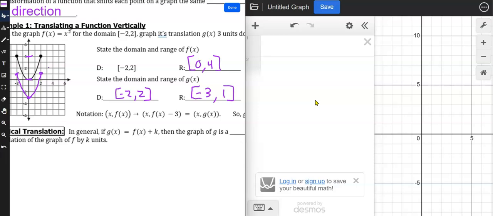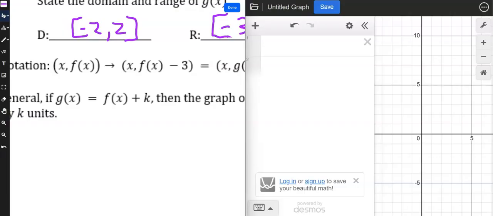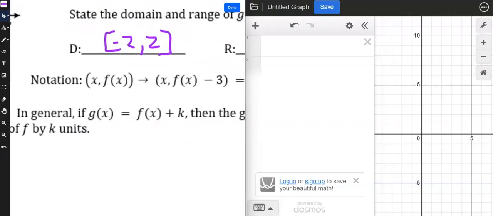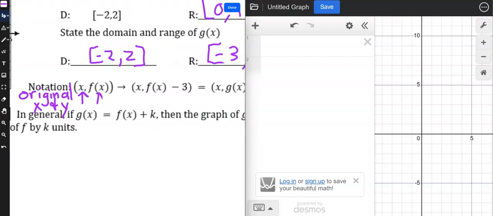Now there's some weird looking notation down below. All right, so let's take a look at this. These are, right here and right here, original, not extra crispy, but original x and y values. Okay? Now you'll notice that this has the same x, but the y value's been changed.